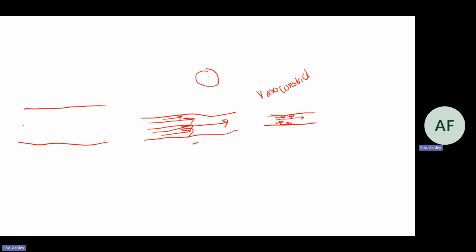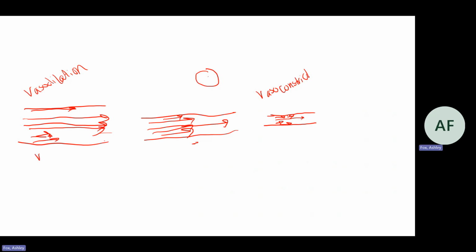So you have more room in the middle, so you can have multiple layers that are going pretty easily. And then out here is where they slow down and hit the edges and aren't flowing as fast. So this is going to be vasodilation, where resistance to flow decreases because you have more space, so you can get through.